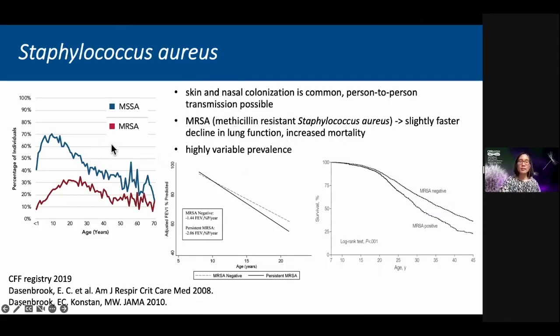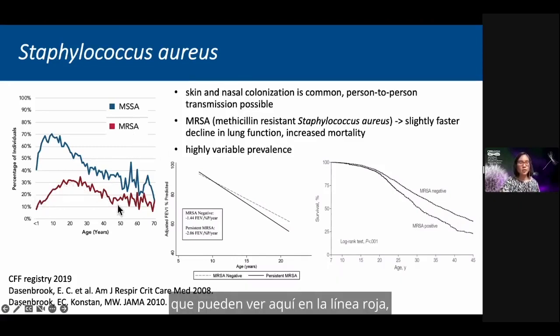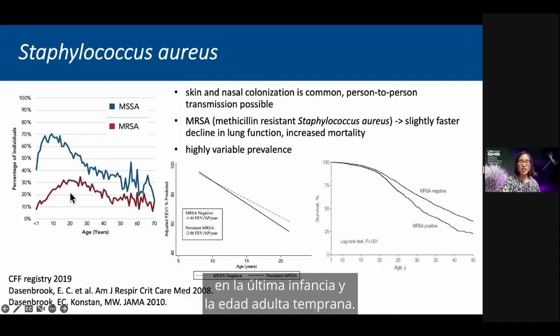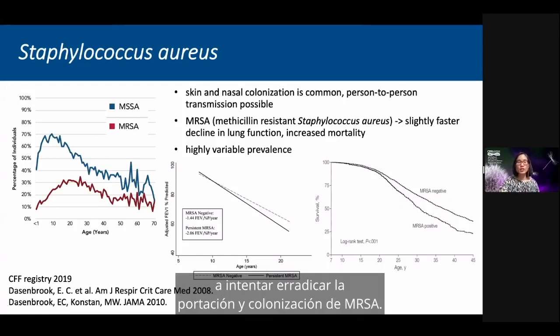With the colonization and chronic infection of Staph aureus, which you can see here in the red line, this does become somewhat more prevalent in late childhood and early adulthood, and there is a slight increase in the lung function decline, as well as in mortality, leading clinicians to attempt to eradicate carriage and colonization of MRSA.